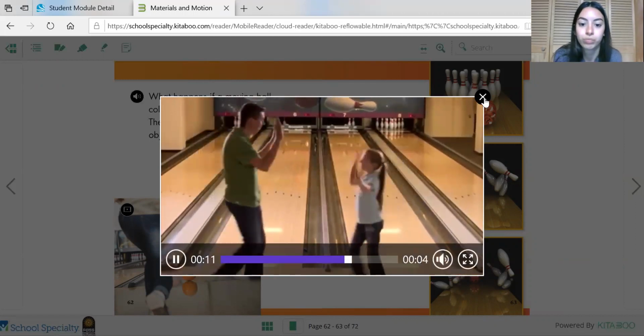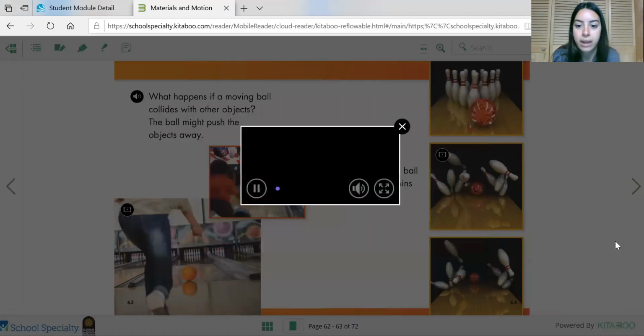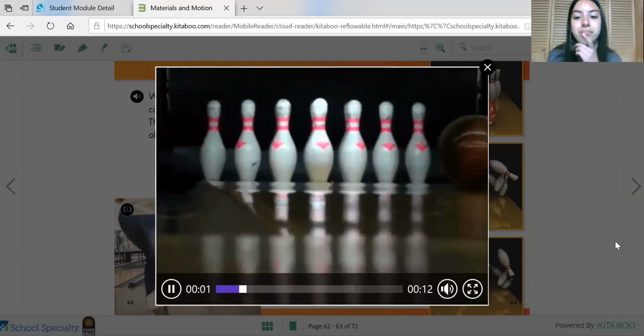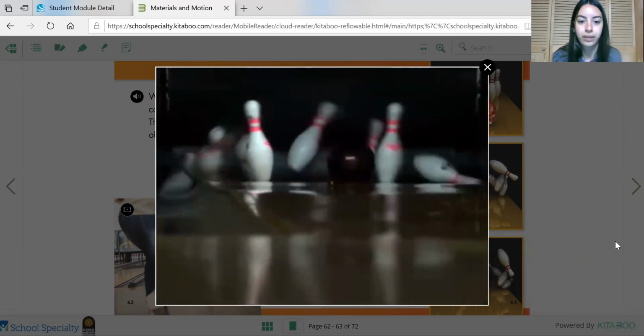Wow. The bowling ball pushes the pins away. So when the bowling ball collides with the pins, it's pushing them away. There you go.